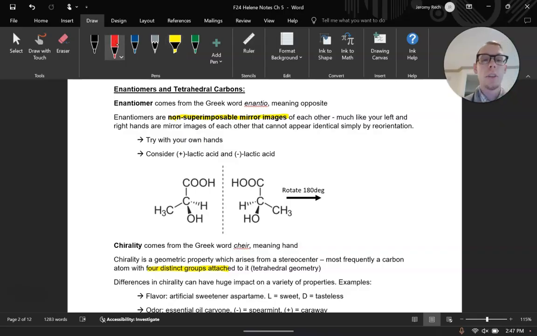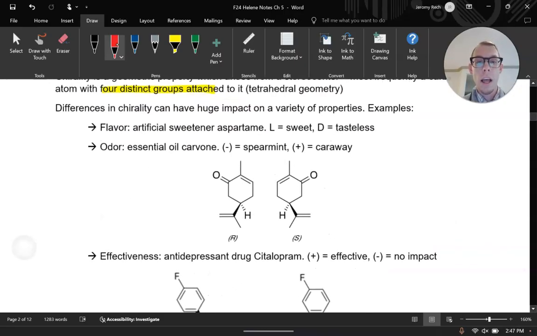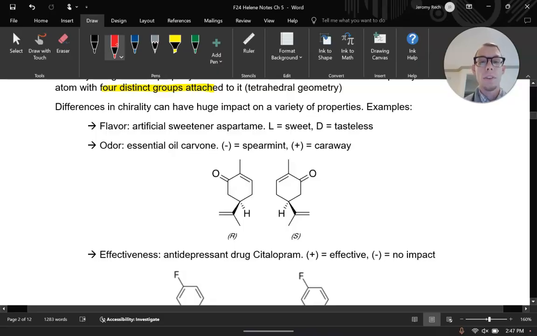Now, this has a huge impact on the properties of some materials, and I have a handful of different examples here. So for artificial sweetener, you can see the difference between L and D. L and D, as well as plus and minus, and R and S are going to be descriptors to use whether or not it's going to be like right-handed or left-handed. And you'll see that one of the forms is tasteless, whereas the other one is sweet.